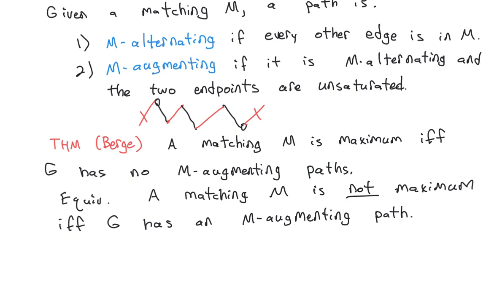Otherwise, it switches. So it's worth pointing out the motivation here: if you look at the picture I drew, there are 3 black edges and 2 red edges. And so if I switched so that the black edges were red and the red were black, I now have a matching that's larger. And I'm guaranteed that this can work because the 2 endpoints in the path are not incident to a red edge.